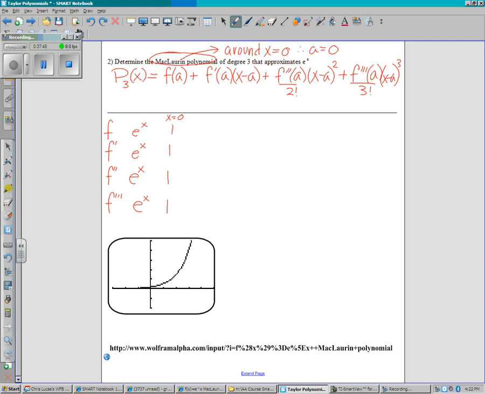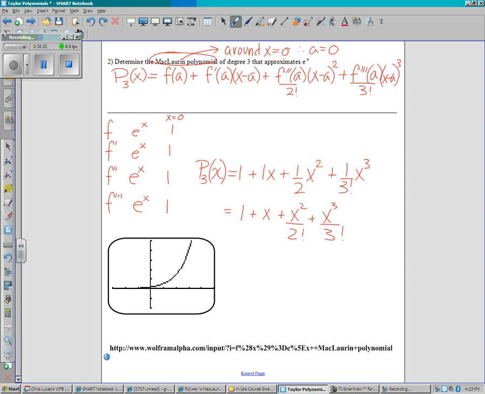I think not. So the third degree Taylor polynomial that models the e to the x function is 1 plus 1 x plus 1/2 x squared plus 1 over 3 factorial x cubed, or just 1 plus x squared over 2 factorial plus x cubed over 3 factorial.